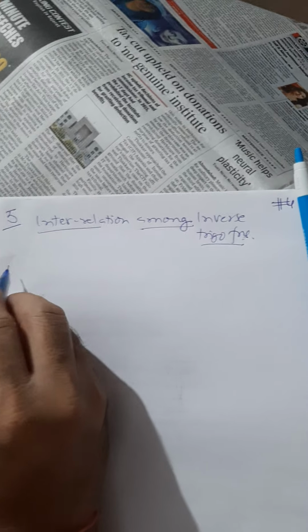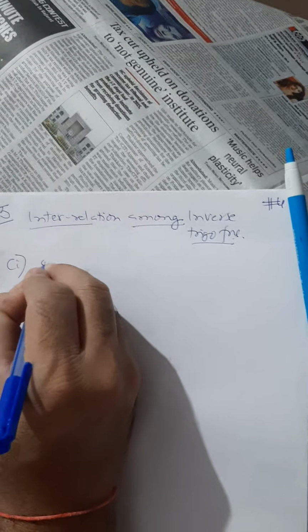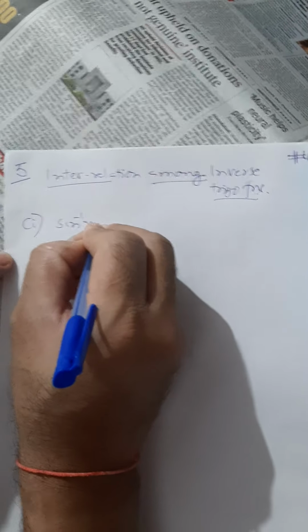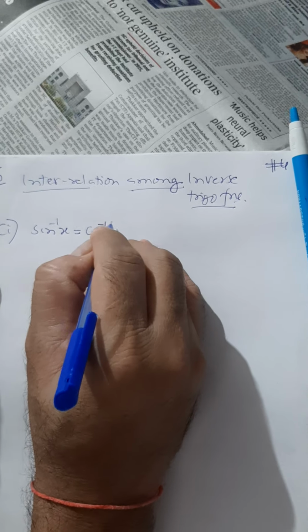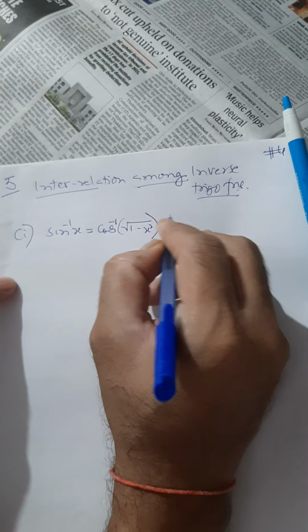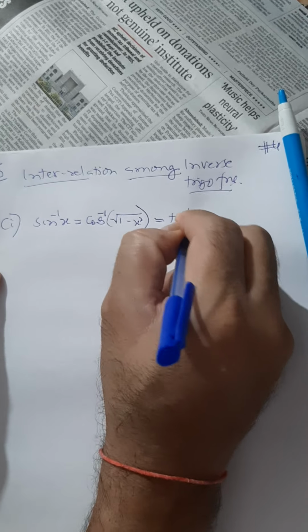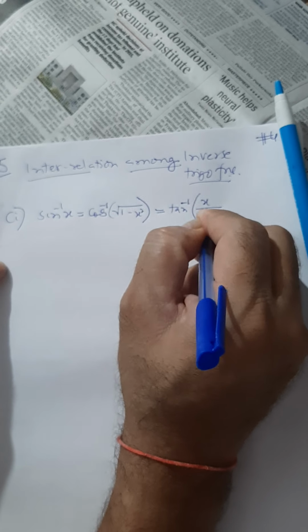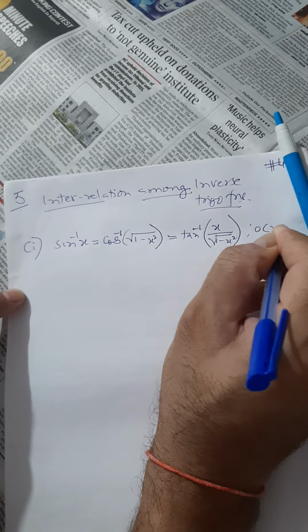First one, for example, we have sine inverse x, so we can reduce it into cos inverse, that is, cos inverse of root of 1 minus x square, and this equals, you can write in the form of tan inverse also, which is tan inverse of x upon root of 1 minus x square. Here x should be between 0 and 1.